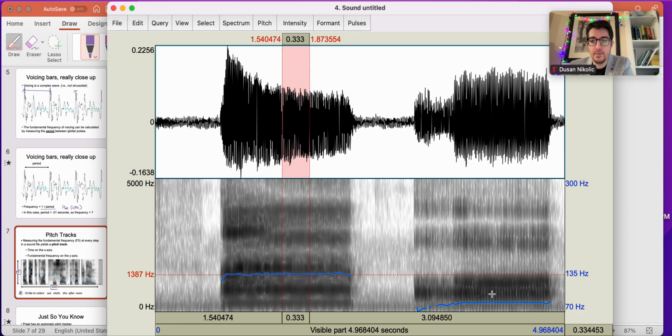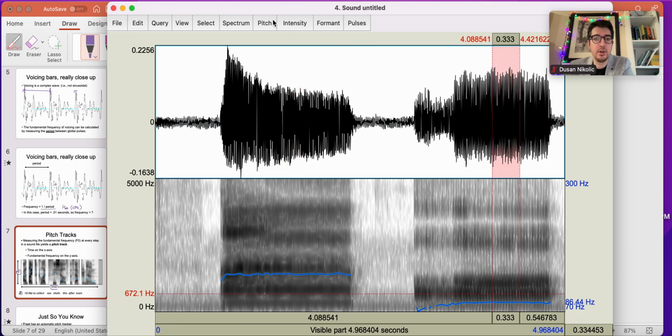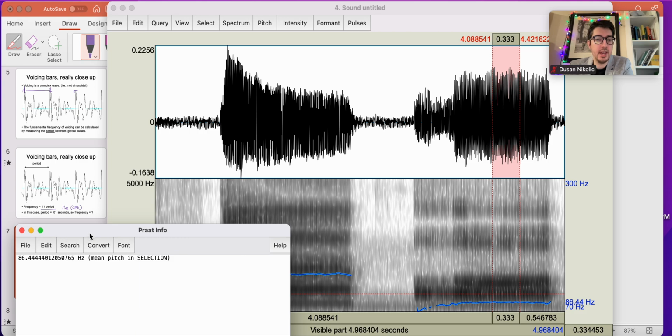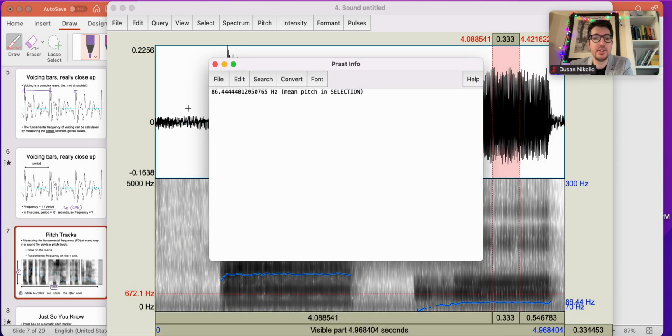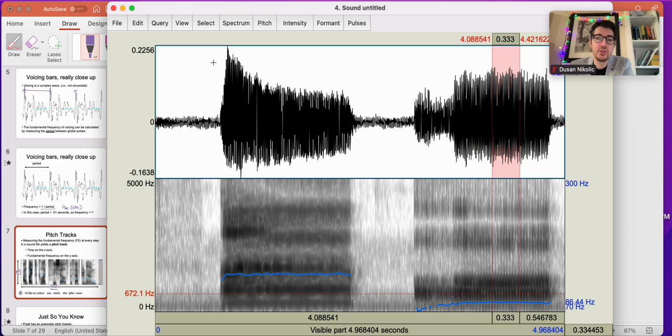And here, my fundamental frequency of this part, let's grab this part, is 86, so I was very precise here. I calculated around 85, right? Or something like that. But the Praat program calculated it for me, right? It just grabs each cycle and averages it out, right? So it calculates the average. Yeah, that was pitch.